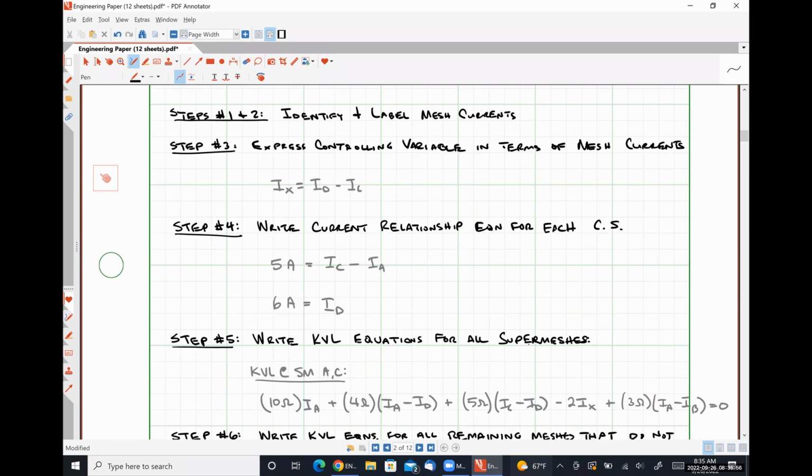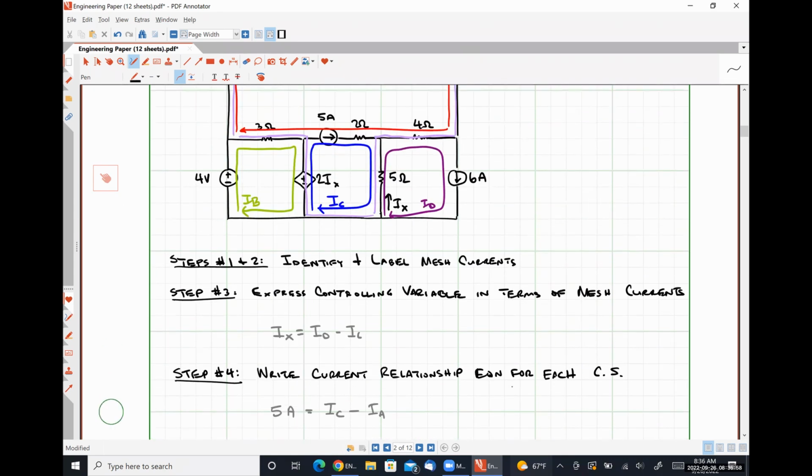So why I have to make that particular distinction is that if we try to write a KVL equation for mesh D, we literally can't do it. That 6 amp source prevents us from writing a KVL equation because we just have the voltage drop across that current source and we have nothing whatsoever to relate it to.